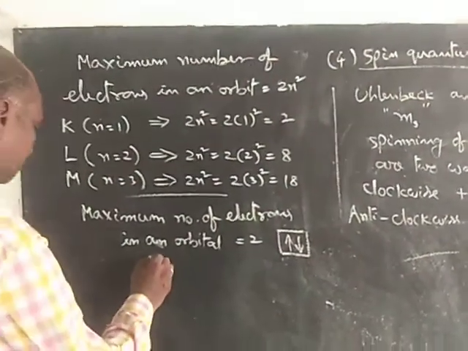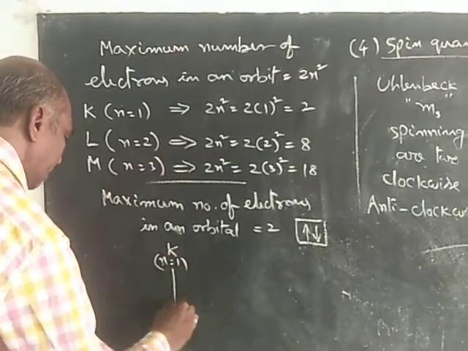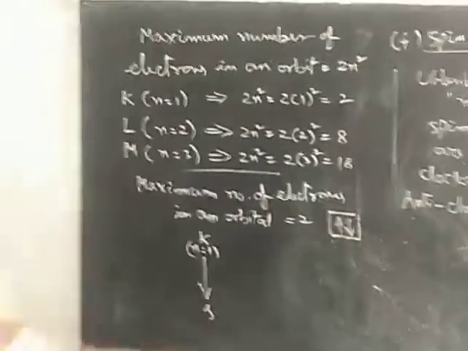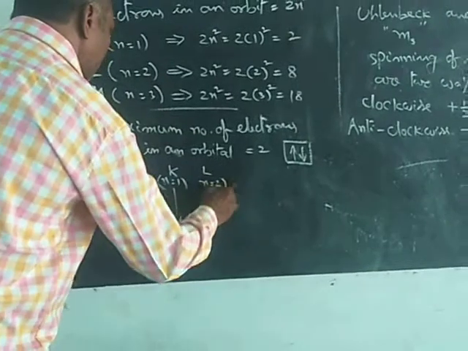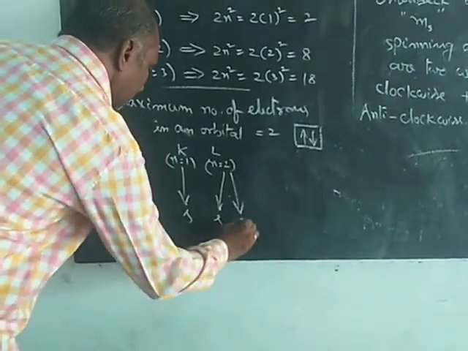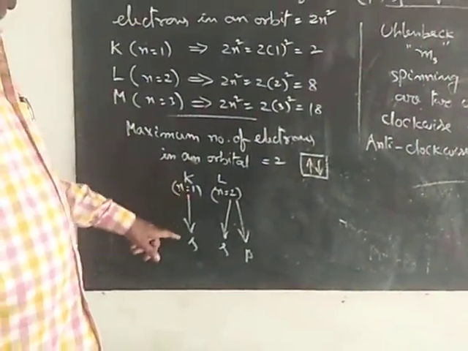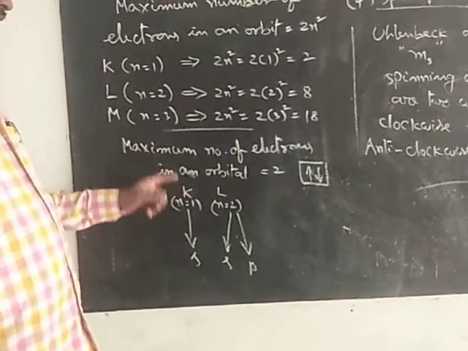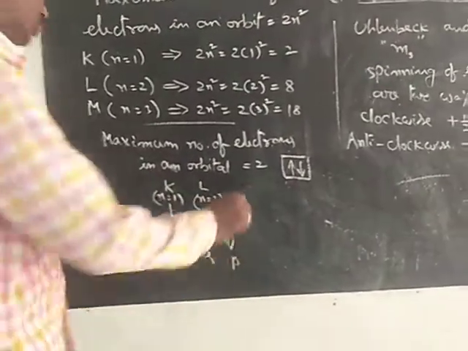Suppose you take K shell, n value 1. It consists of only one orbital, s orbital. L shell, n value 2, consists of two orbitals, s and p. How many orbitals are present depends upon the n value. N value 1 means 1 orbital, 2 means 2 orbitals, 3 means 3 orbitals, and so on.